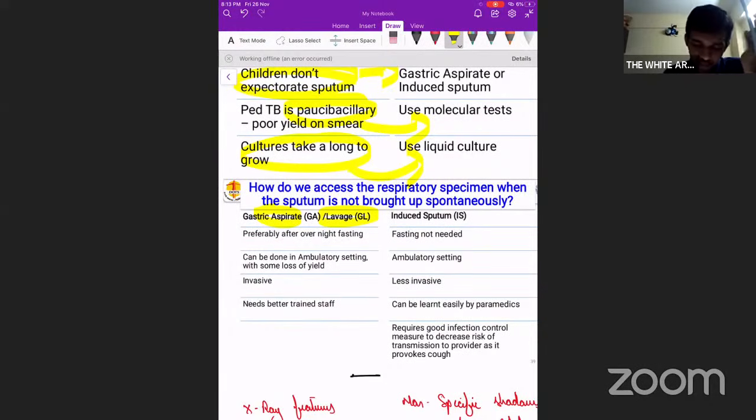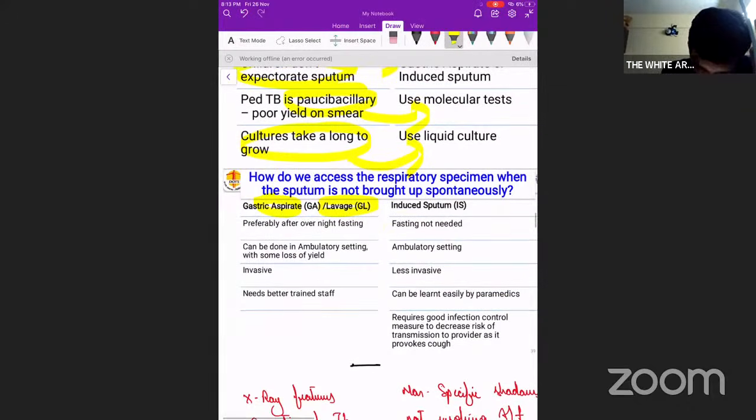And induced sputum has many more advantages as compared to gastric aspirate and gastric lavage, if the child is able to induce the sputum, because over here fasting is not needed. It can be done in an ambulatory setting, so anywhere it can be done. You don't need the patient to be admitted.